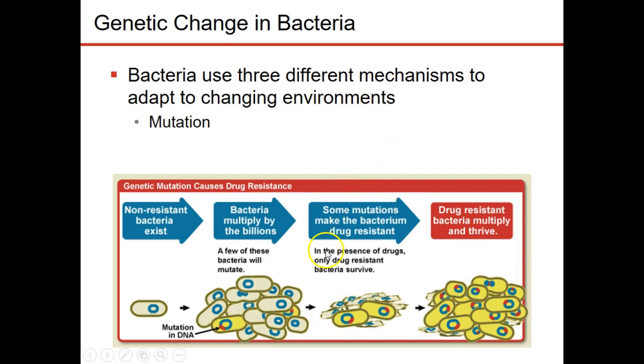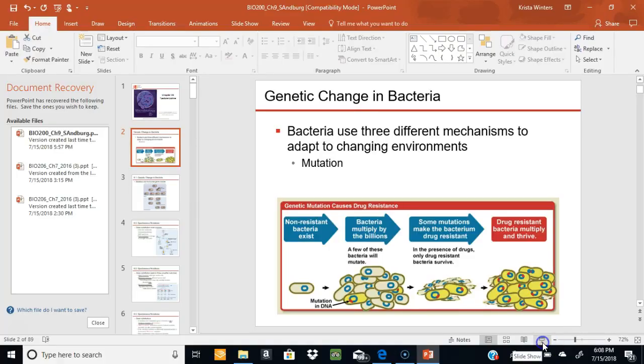So if the environment changes, and in this case some drug is put into the environment, it kills off all those non-resistant cells, but those drug-resistant cells survive, and then they start replicating and producing identical copies and clones of themselves. And now you have a colony of billions of drug-resistant microbes. That's how mutations and evolution occur.